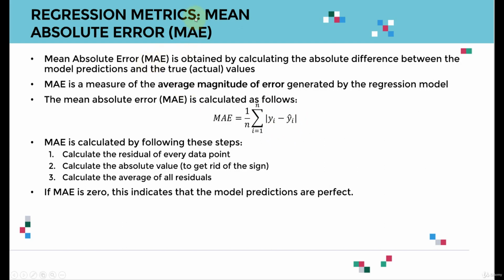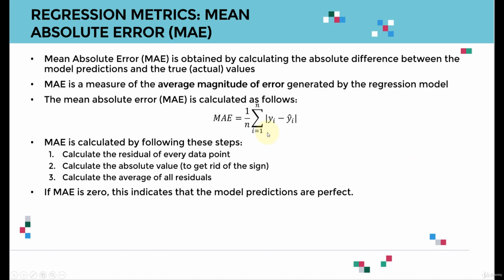This is my error. When we take the absolute value, we get rid of the sign. So it doesn't matter if that point is above my straight line or below it, because I'm getting the absolute value.